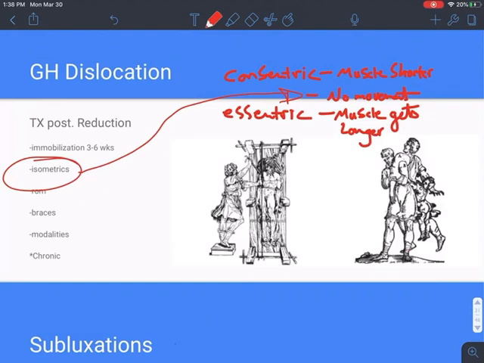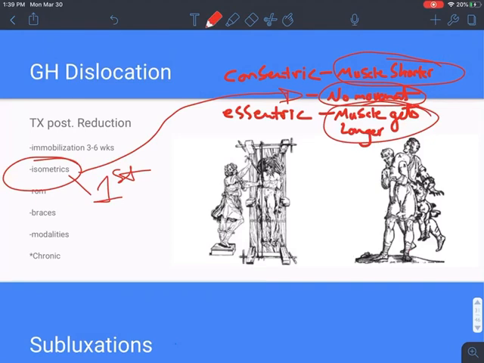Hi. So for the rehab, you have different types of muscle contraction, and we'll get to this, but the isometric muscle contraction is the first one that you're probably going to start with, which is where the muscles contract, but there's no movement. And then concentric is where the muscle shortens when it contracts, and then eccentric is where the muscle gets longer.